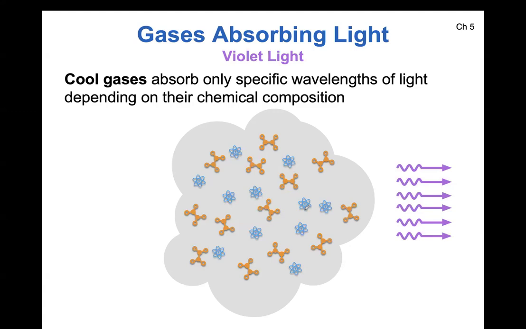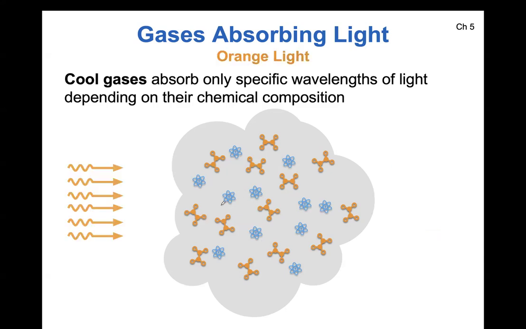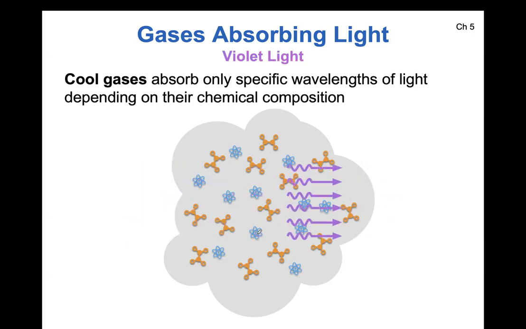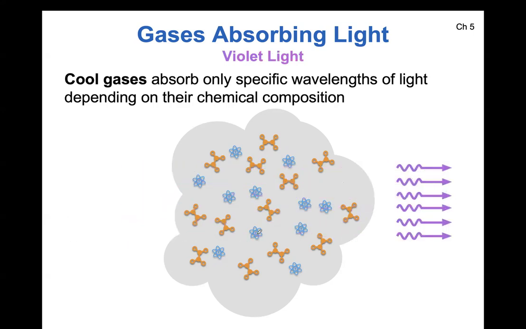Well, in this example, that's because none of the molecules, which are shown as the little dumbbell shaped, bar shaped things, or the atoms, which are shown as the typical atomic symbol, none of these atomic or molecular substances that compose our gas, our nebula, our space gas, are susceptible to violet light, which is why it passed right through. And susceptible is a general word.